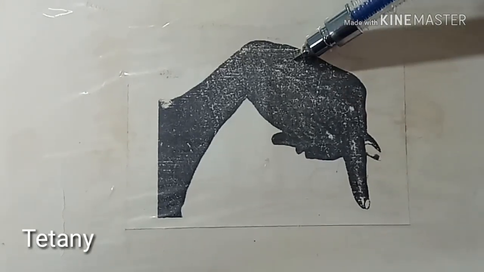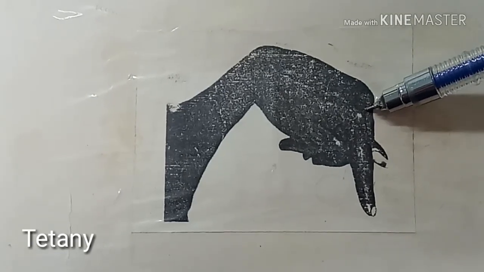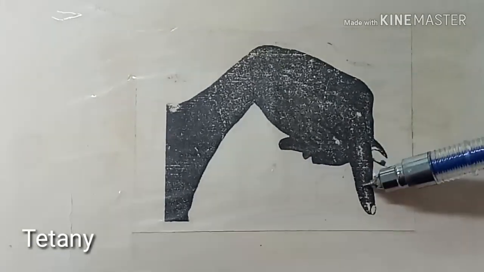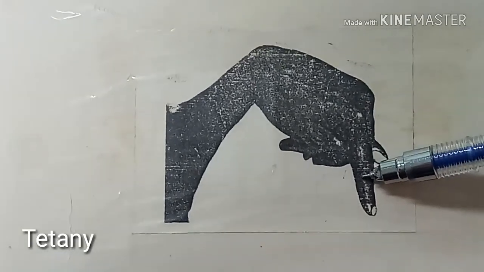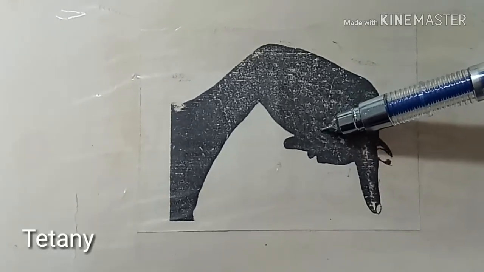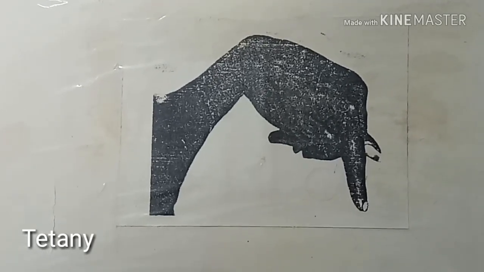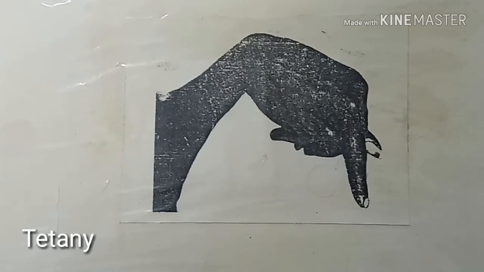You can see here metacarpophalangeal joint, there is flexion. Extension at the interphalangeal joint, here this is extended, and there is apposition of thumb, you can see here. This peculiar posture of the hand is also known as obstetric hand.